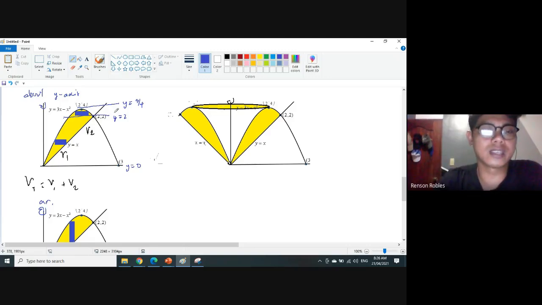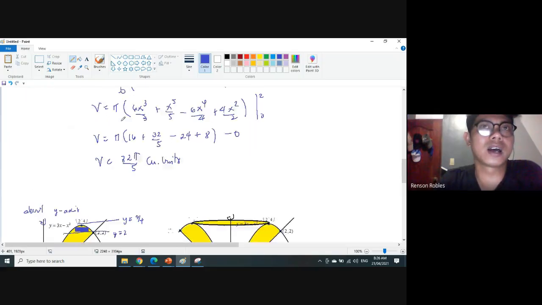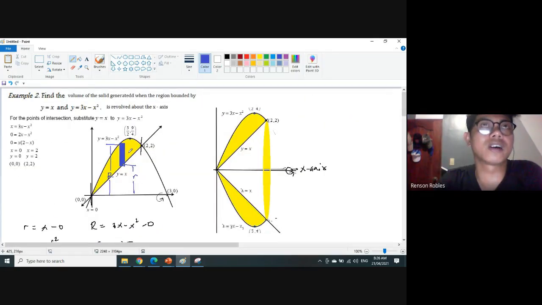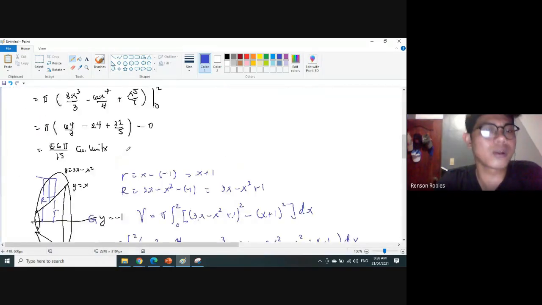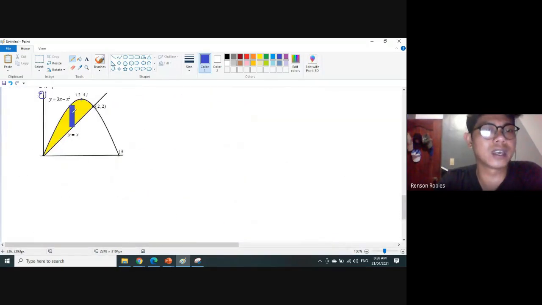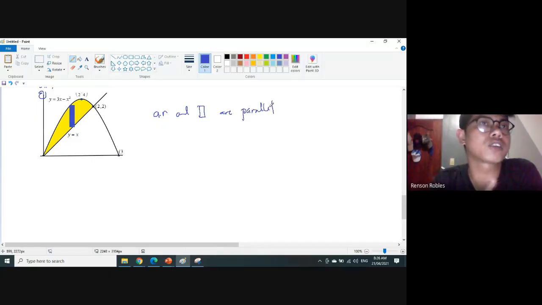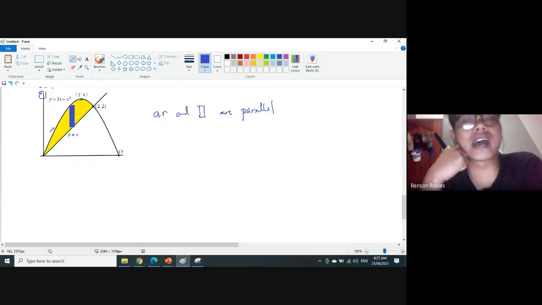However, again, when you recall the process in the area, the area of this region can easily be solved if I take element that is vertical. So I'll use vertical element, okay? But when you use vertical element, the axis of revolution and the element chosen are now parallel. Ibig sabihin po, you can no longer use this method or the washer or the ring method because the axis of revolution and the element are now parallel.